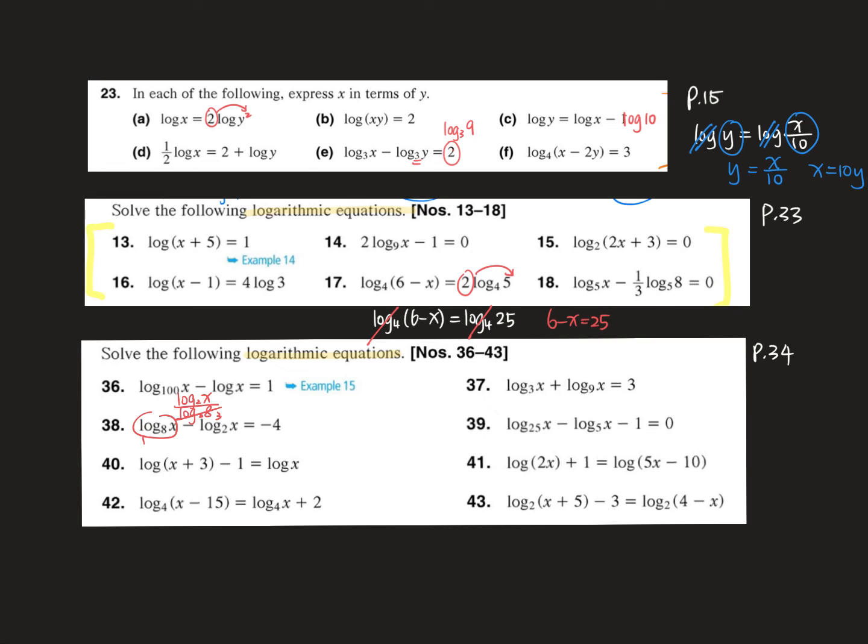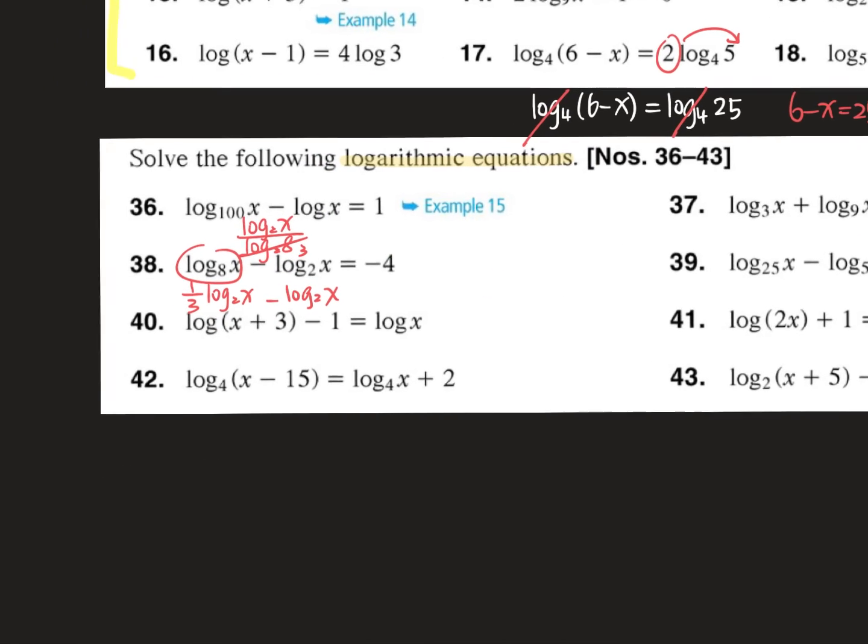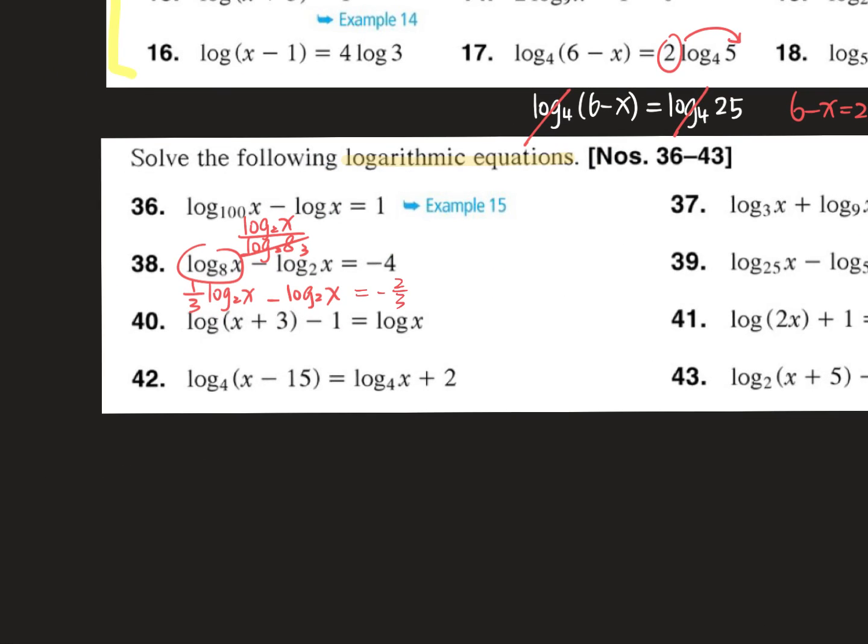So it's 1 over 3 log x base 2, and now these two are like terms. Note that these two terms are like terms, so it becomes negative 2 over 3 log x base 2 that is equal to negative 4. So now we're solving this equation here. By rearranging, we know that log x base 2 is 6. So x is 2 to the power 6, which is 64.